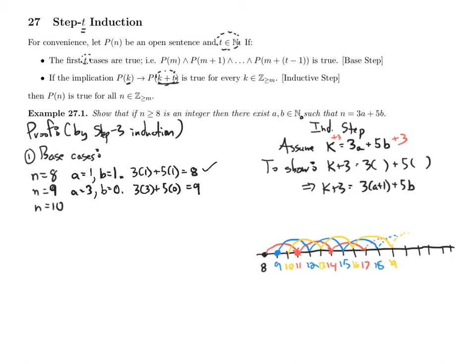So we have it for 8. We have it for 9. And for 10, 2 5's are 10, so we'll take no 3's, and we'll take 2 5's. So 3 times 0 plus 5 times 2 equals 10. So we know how to do it for the 3 base cases.